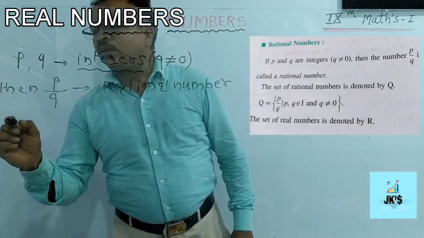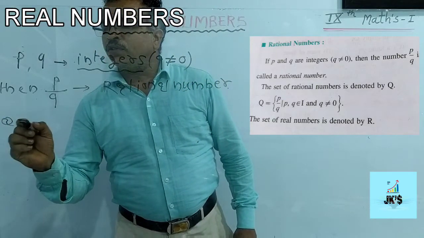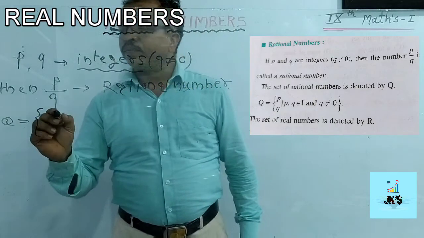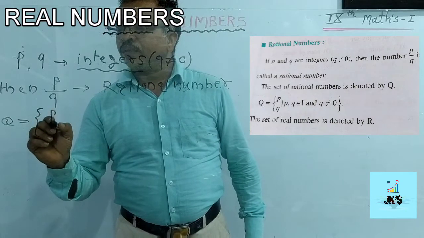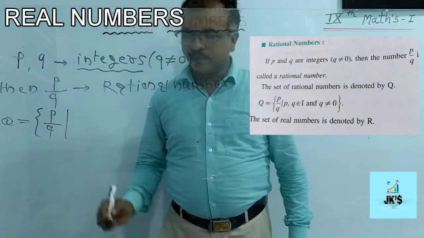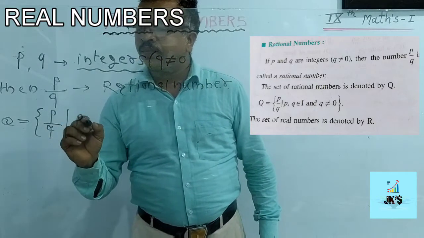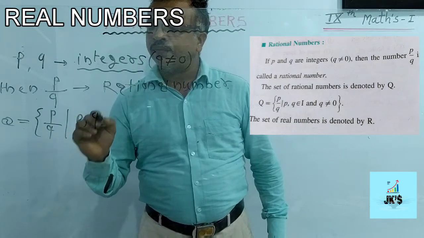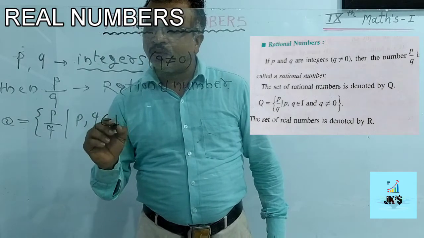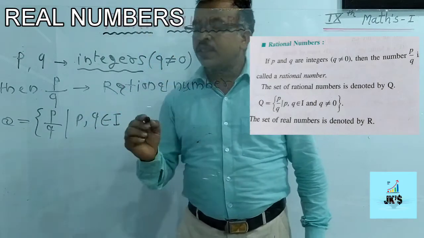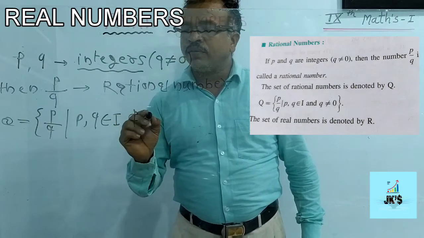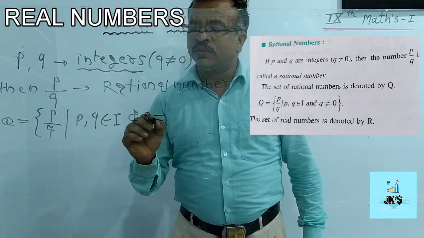The set of rational numbers is denoted by Q. P upon q, such that p and q belong to I, meaning integers, and q is not equal to 0.